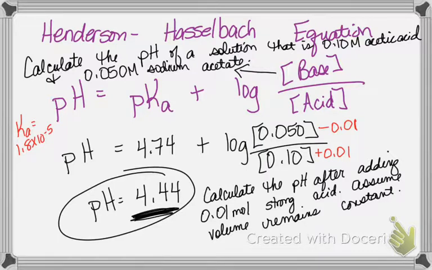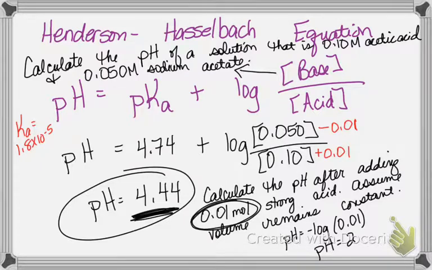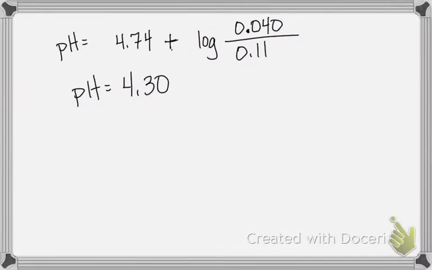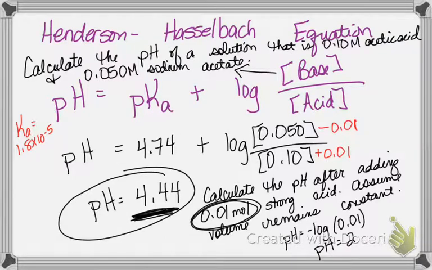Okay, to put that into perspective, if we had just 0.01 molar strong acid, the pH of 0.01 molar strong acid would be 2. So the fact that this only dropped by 0.14 pH units is something, because the pH of just that strong acid by itself is 2. So this is a buffered system.